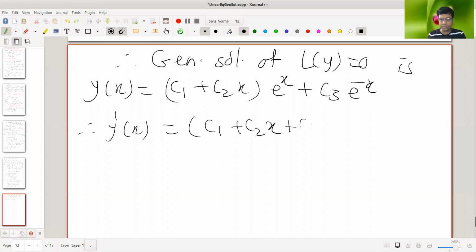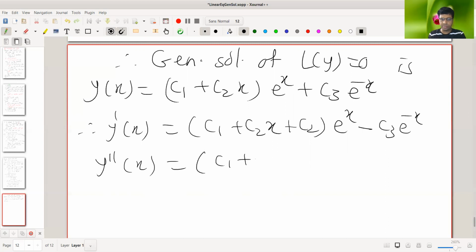So plus c2 e raised to x, then this is minus c3 e raised to minus x. Now second derivative, again it is c1 plus c2x plus c2, and differentiation of this is c2, so 2c2, e raised to x. This is now plus c3 e raised to minus x.